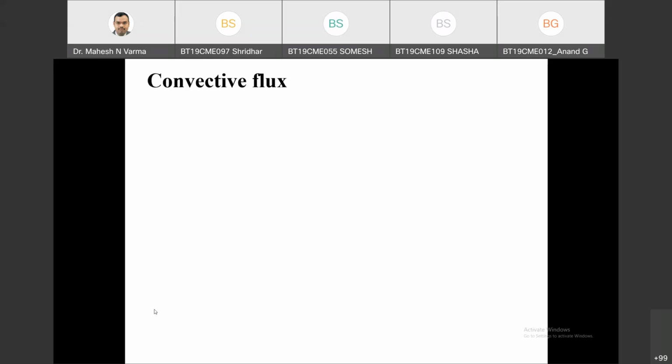You say h into delta T is a convective flux, and the definition of convective flux is telling me that there should be bulk motion involved in there. Then only I can call it a convective flux. So where is the bulk motion in h into delta T?